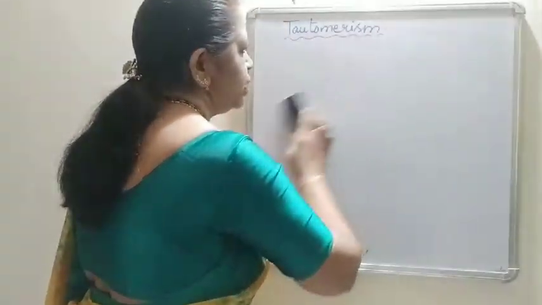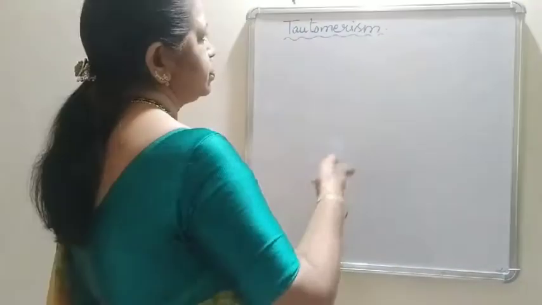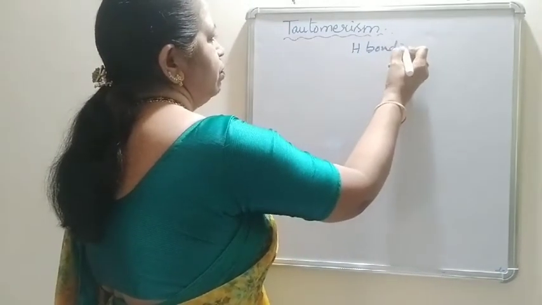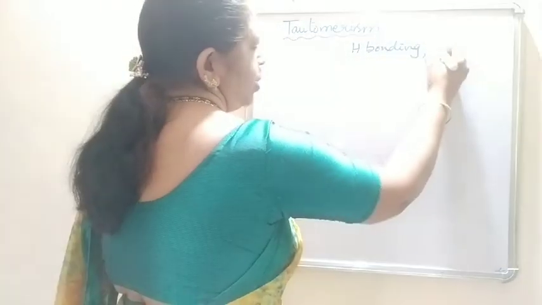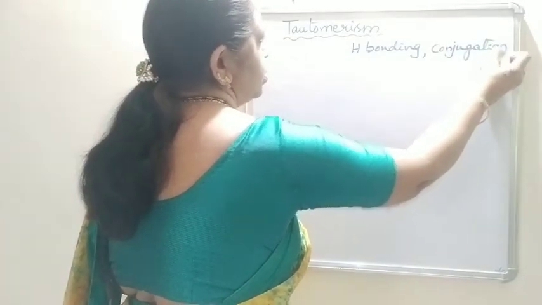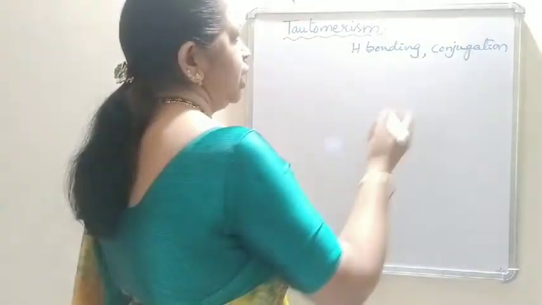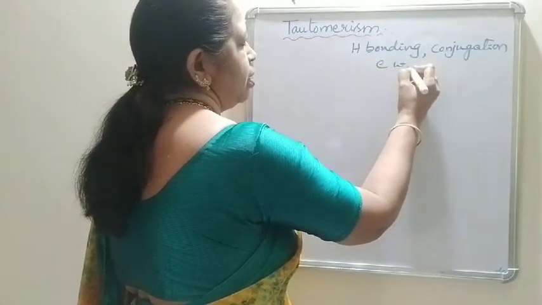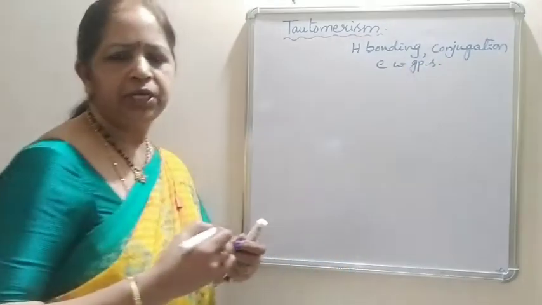Those are formation of hydrogen bonding within the molecule, conjugation, which means alternate double bonds formation in the enol form, and the presence of electron withdrawing groups.